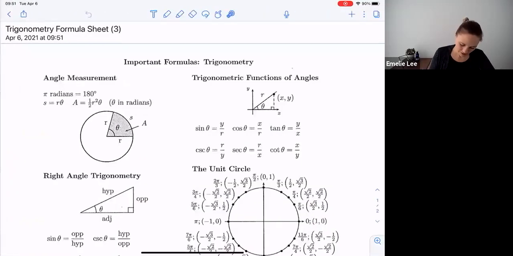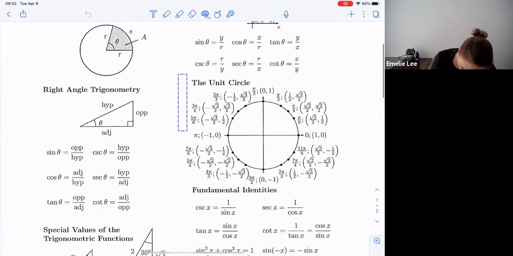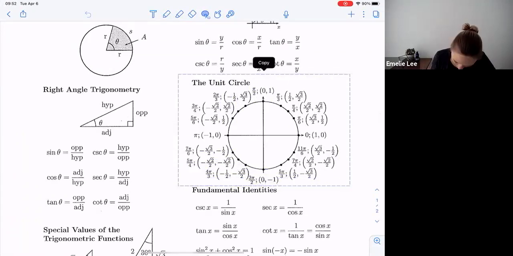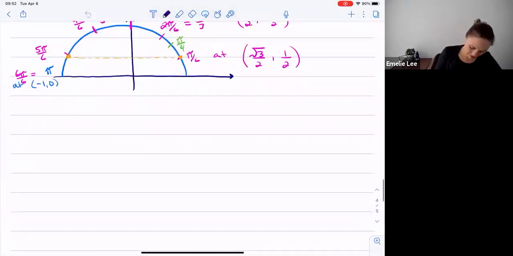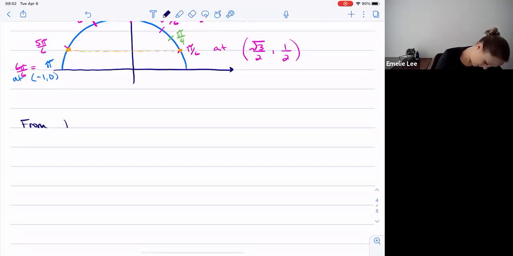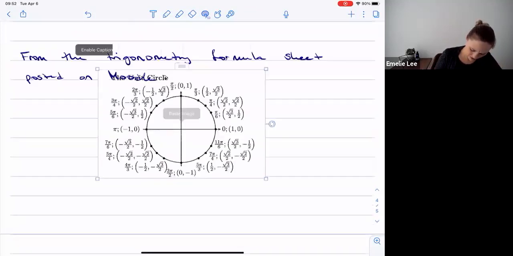So from this formula sheet, it looks bad, right? But we do have the unit circle here, and that's what I'm here for. So I'm just going to grab this. From the trigonometry formula sheet posted on Moodle, we have this.